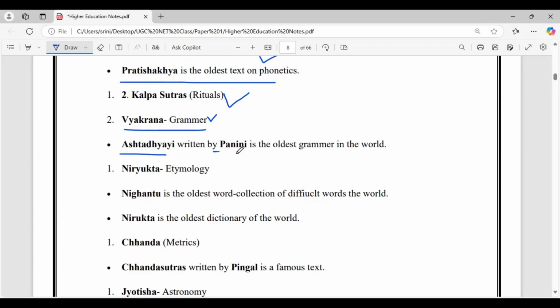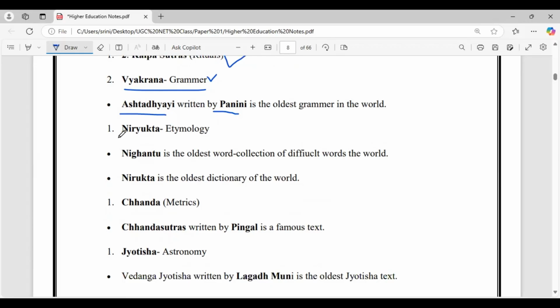Ashtadhyayi, written by Panini, is the oldest grammar in the world. And then Nirukta is etymology.